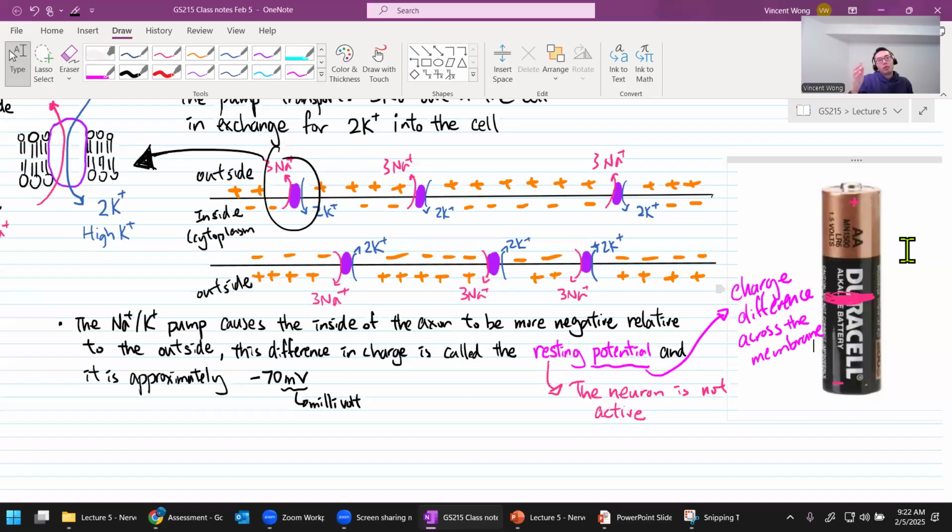Loosely speaking, the word potential is like the word temperature. When we say temperature, it depends on what you're talking about. Are you talking about room temperature? Temperature outside? Temperature when your AC is on?